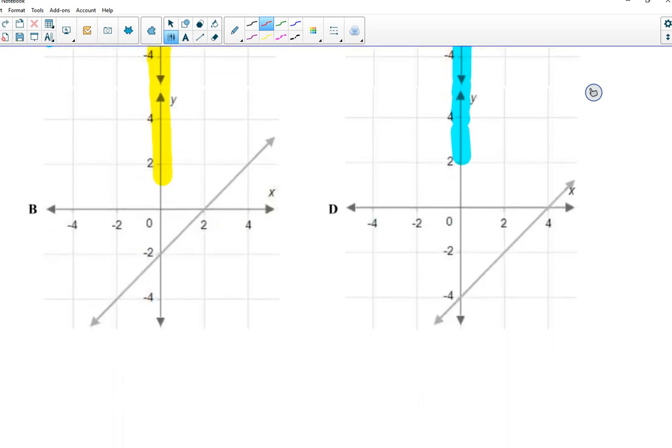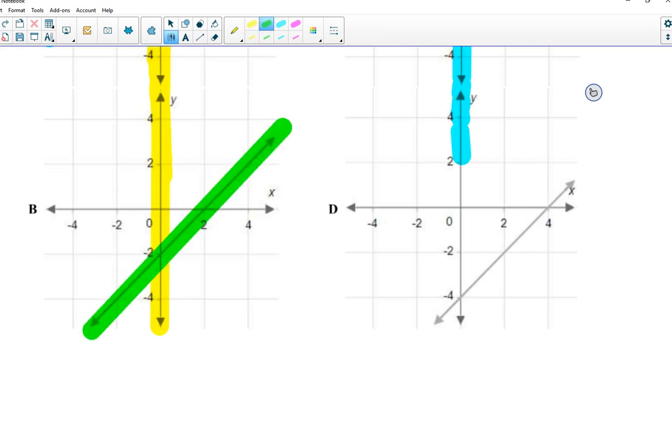For B, I'm going to do the same thing. I'm going to take this here, and then this one. Where is the y-intercept on that one? -2. So the y-intercept here is -2, so that can't be it.